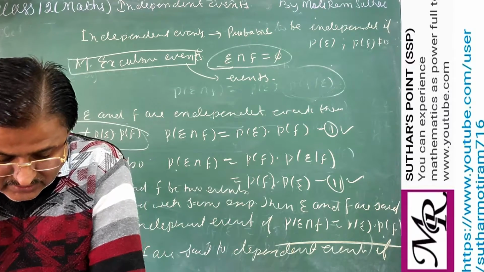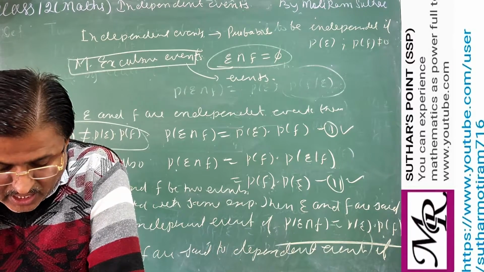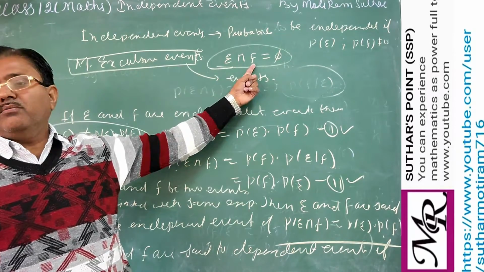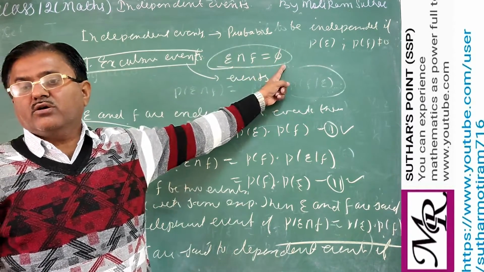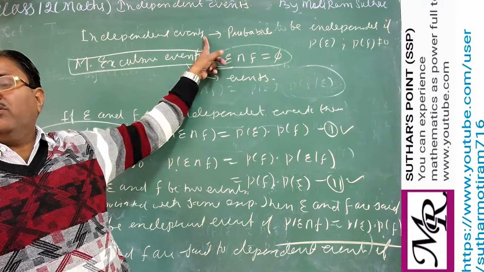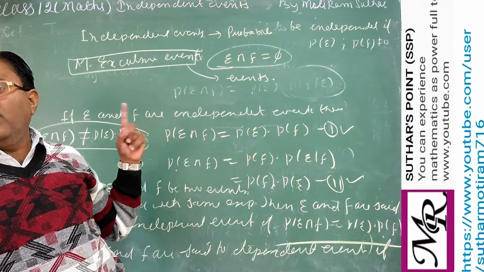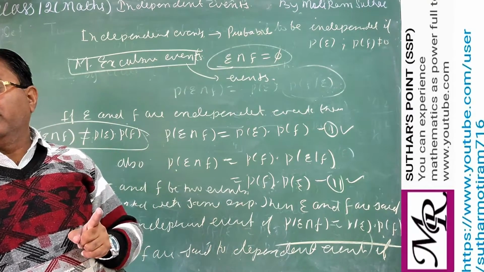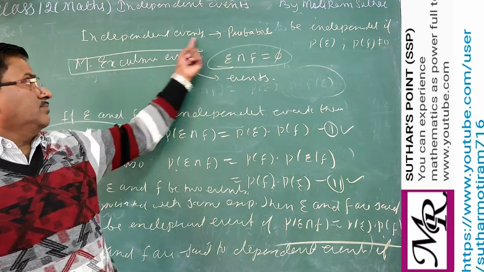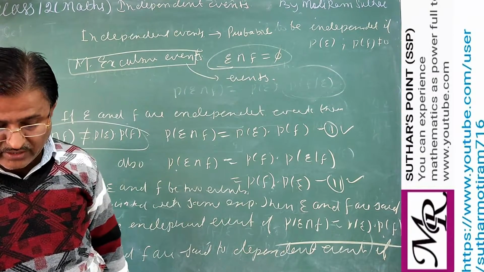Secondly, mutually exclusive events never have an outcome in common, because their intersection is empty. But independent events may have common outcomes, like in the previous example, the ace of spades and the king of spades.